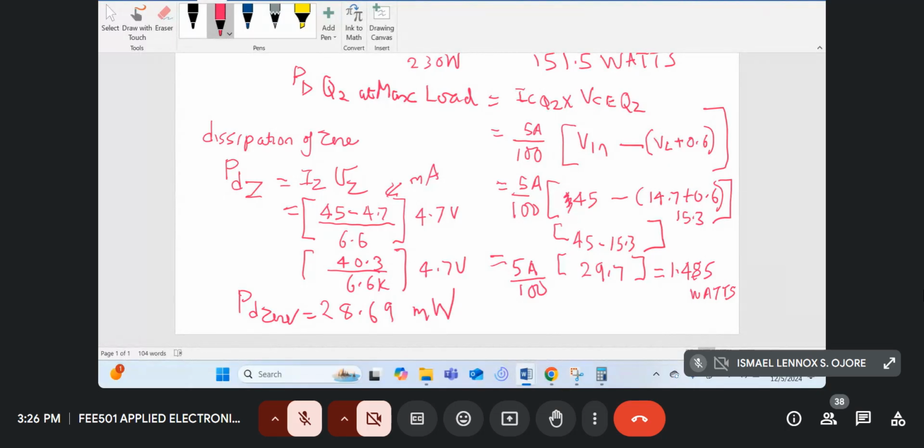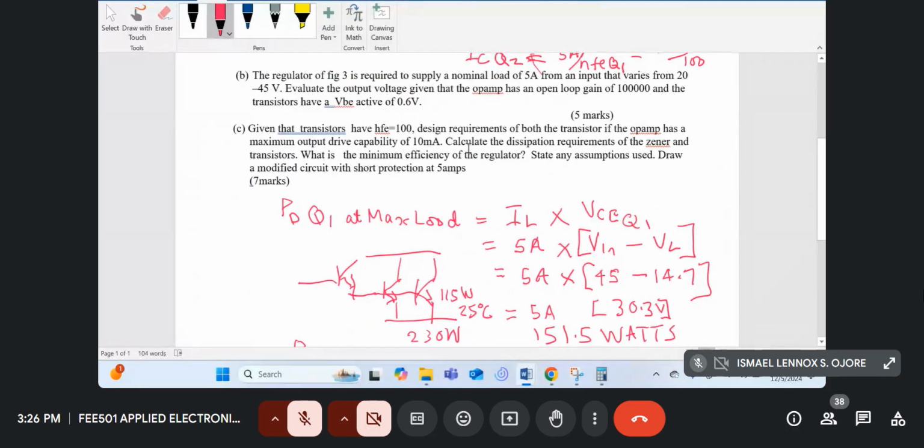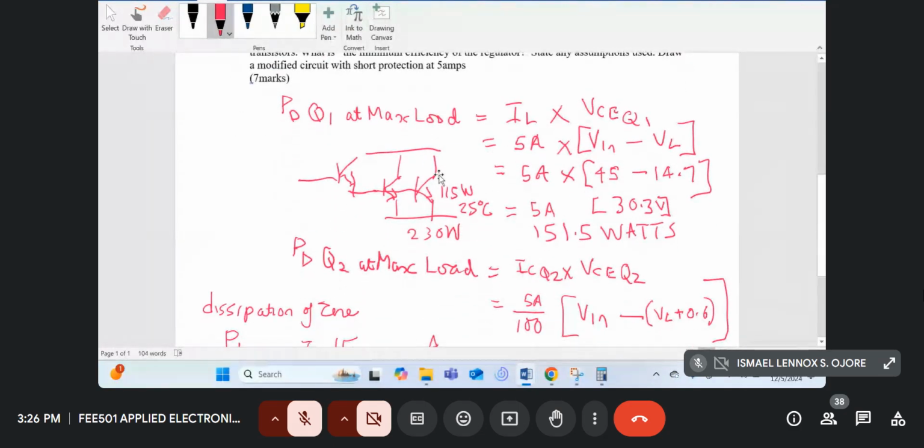So that's very easy marks. Normally I give 1 mark for the answer and 1 mark for the process of how you arrived at it. Those are 2 easy marks. The last parts: calculate the dissipation of the Zener and the transistors, which we've done. Then the maximum efficiency of the regulator, and then draw a modified circuit with circuit protection at 5 amps.